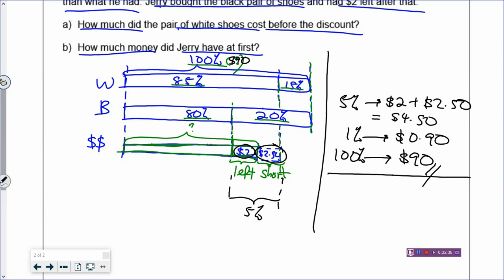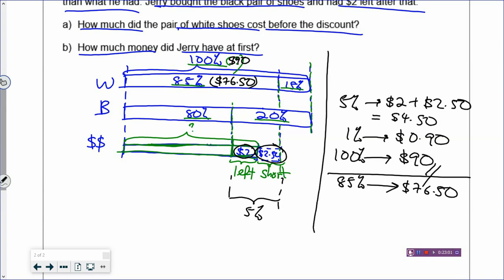Okay, then can you find how much money he has? Yes. So how do you find? Now, you can find how much is 85%. Alright, so 85% will be 90 cents times 85. And that will be $76.50. So which means that the white pair of shoes cost $76.50 after discount.